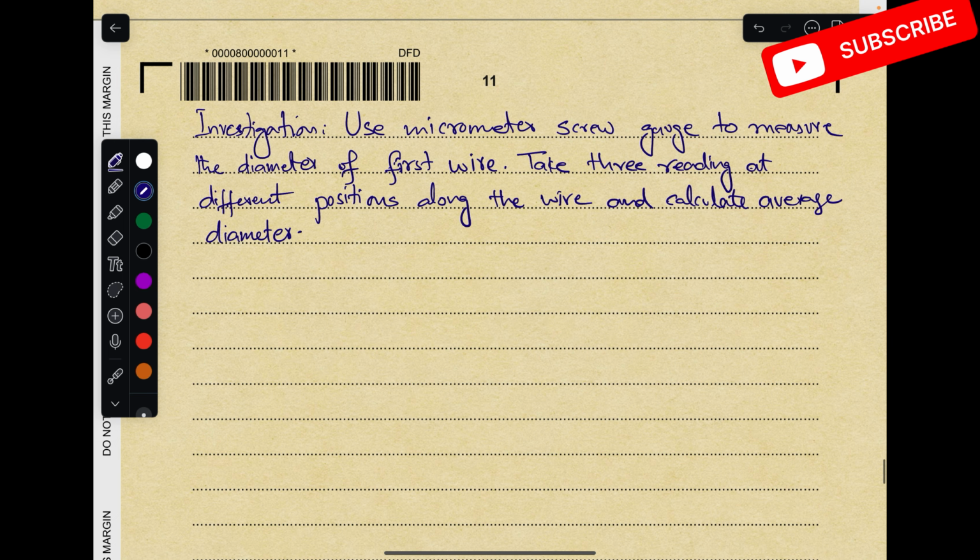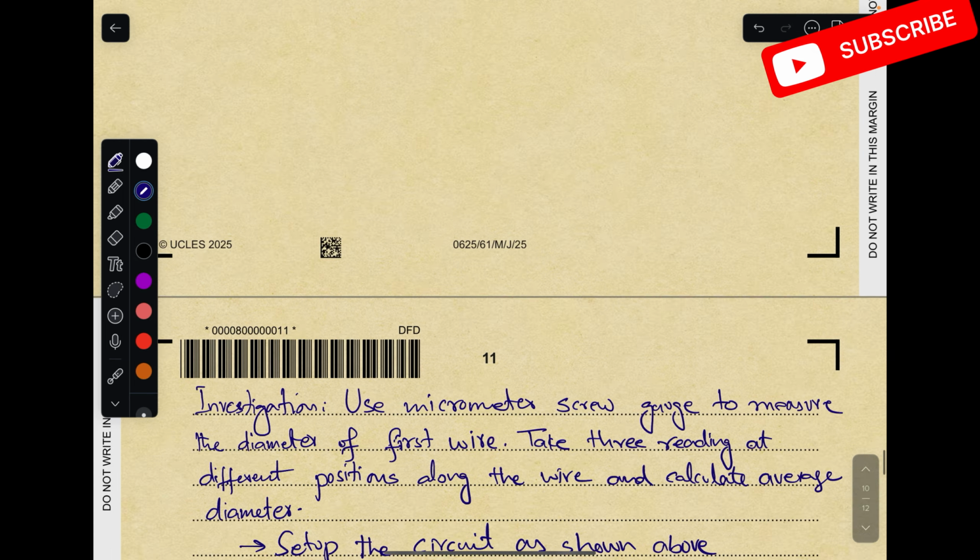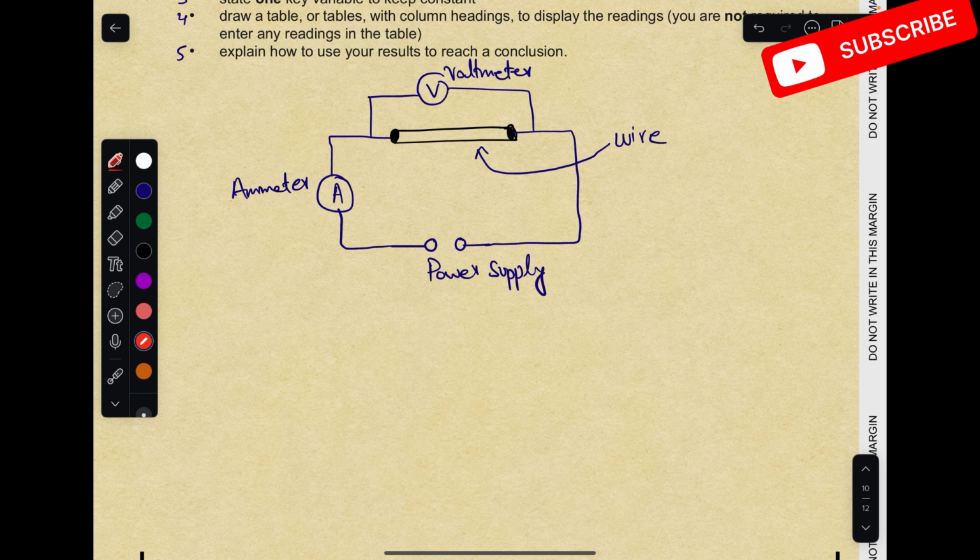Then what you have to do, you have to write down, set up the apparatus of the circuit as shown. So you can say set up the circuit as shown above. Okay, we have missed one thing in the circuit. There should be a switch here. This is a switch.